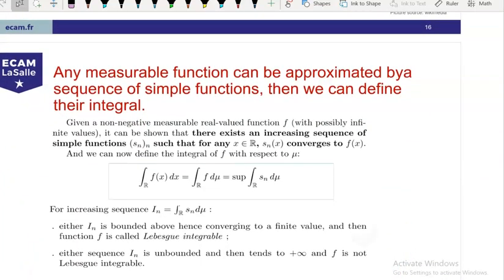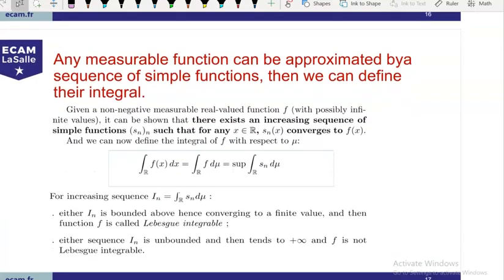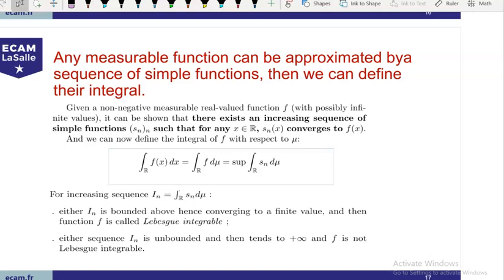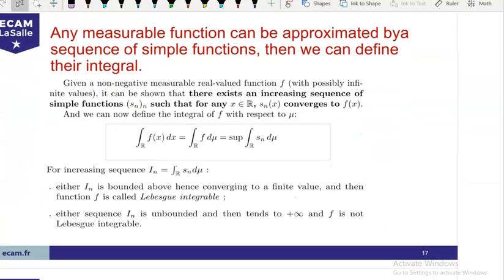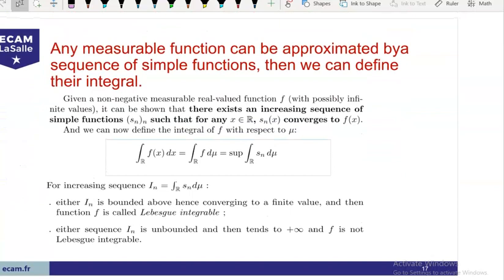We will see another animation that is quite nice to show the difference between the Lebesgue and Riemann integral. But the idea is that now that we know how to make the integral of simple functions, we could show, though we're not going to do it because it's quite technical and a bit beyond what we want to do in our class, that any measurable function can be approximated by a sequence of simple functions, and so we can define the integral as the limit of the integrals of the approximating sequence.